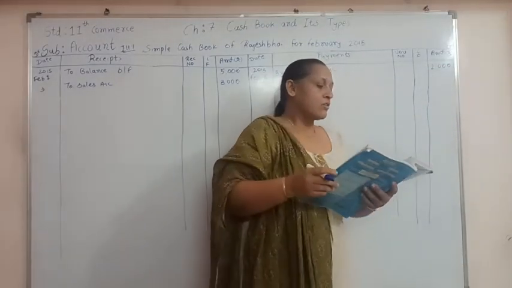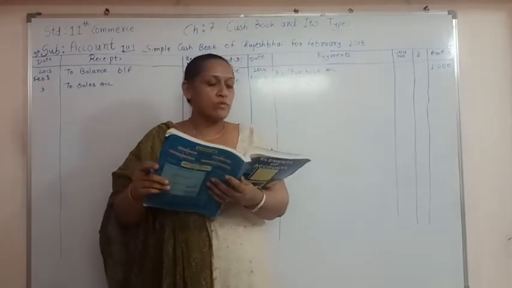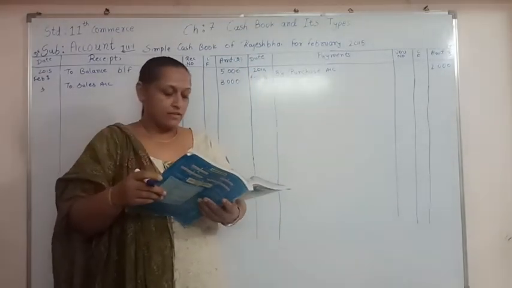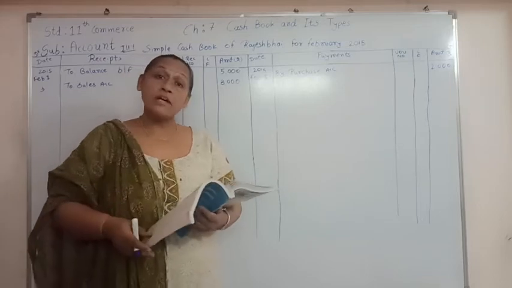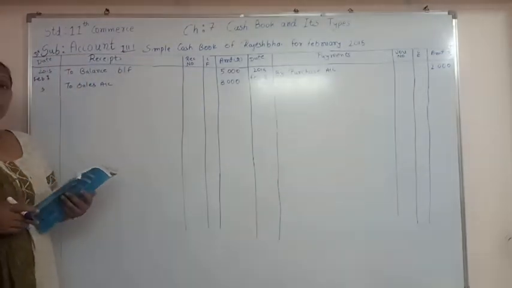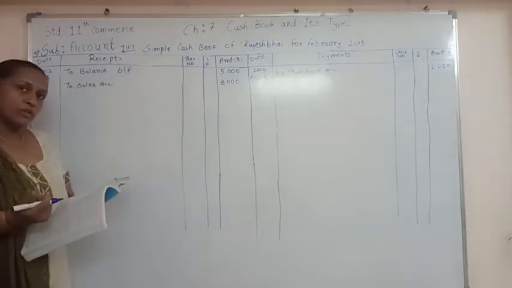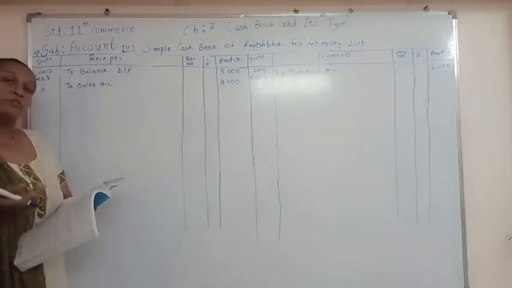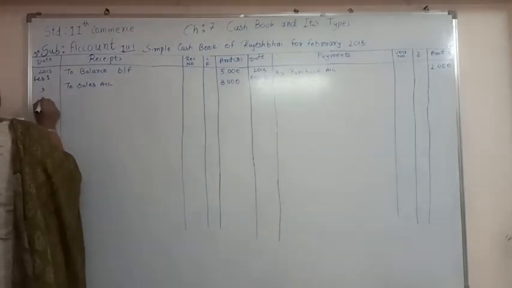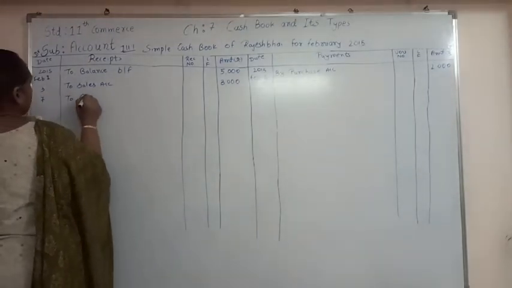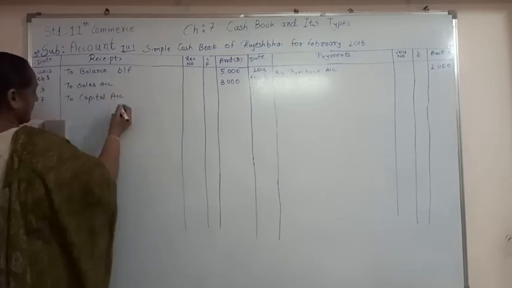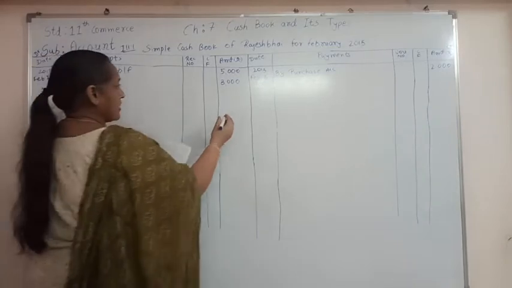Now on date number 7, cash of rupees 5,000 brought into business as more funds are required in the business. When we are bringing cash into the business, the cash account is going to be debited. Here we have brought the money from home, so we write to capital account on 7, and the amount will be 5,000.